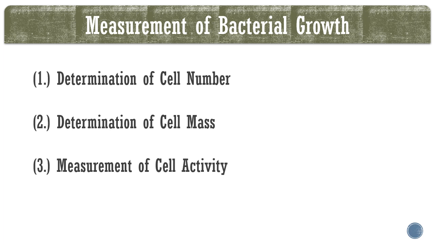So here, determination of cell number and determination of cell mass are majorly studied for bacterial growth. The most commonly studied techniques for determining population size are examined, and the advantages and disadvantages of each technique are going to be studied.